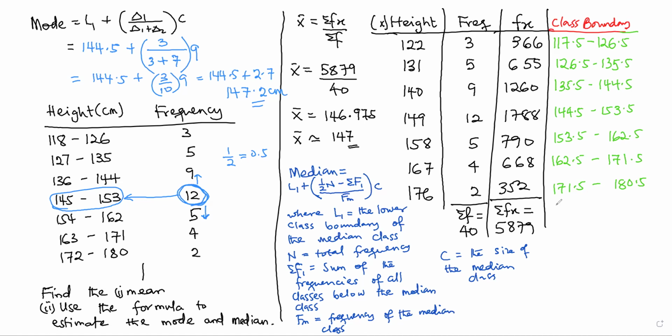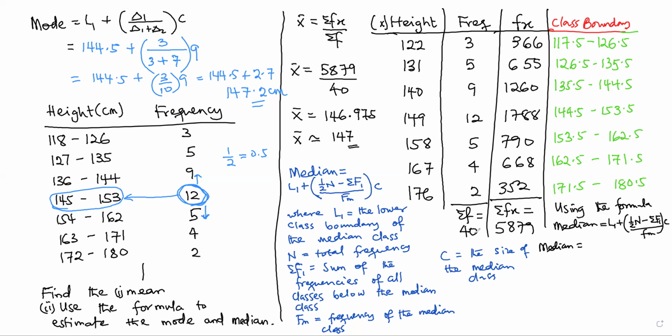So to solve this using the formula, I just want to put all of them on the one page so that we can understand and relate it quickly. So the median is your L1 plus half n minus summation of F1 times C all over FM. Now we sum all the frequencies. And after summing all the frequencies, we got 40.